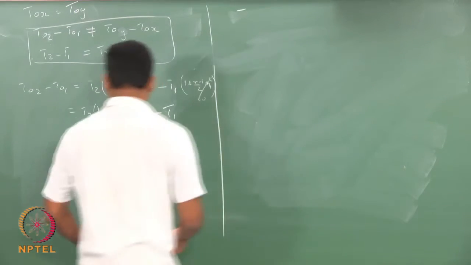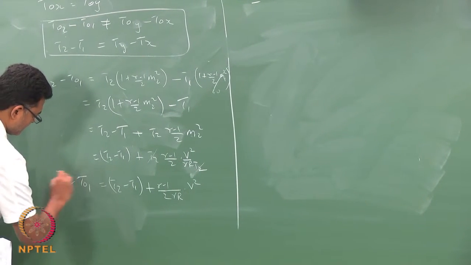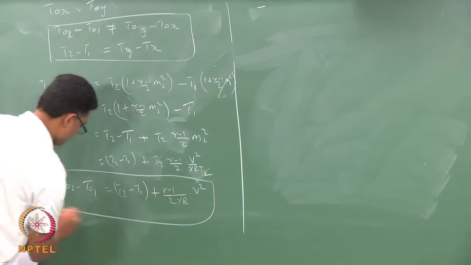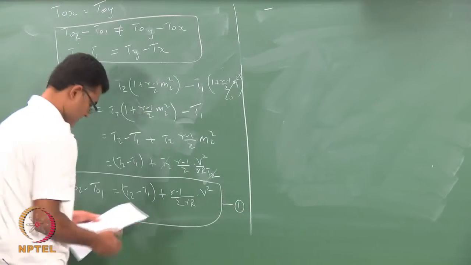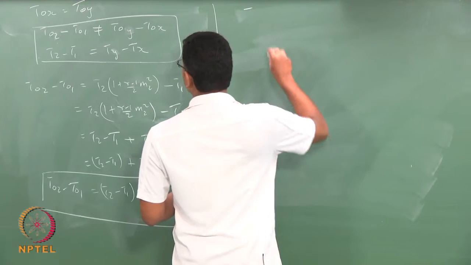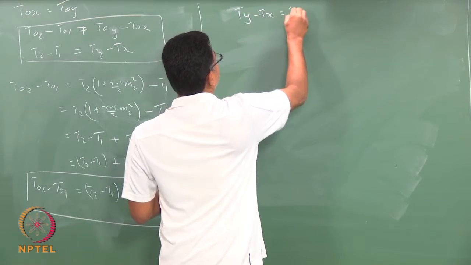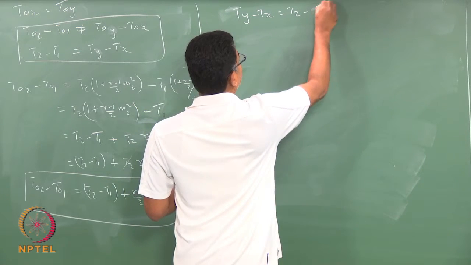So, this is my equation 1. Now, I would try to find T2 minus T1. So, my Ty minus Tx is my T2 minus T1.